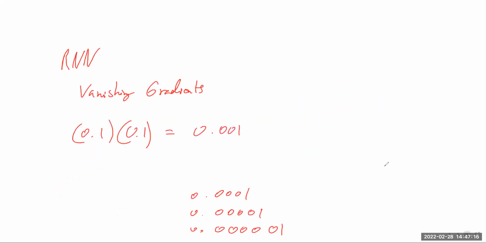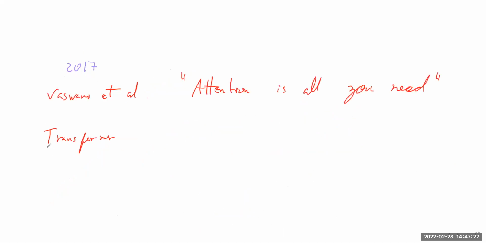Okay, and so those are the two innovations that made transformers really good. So transformers after that became extremely important for NLP applications. Its first application was for language translation.